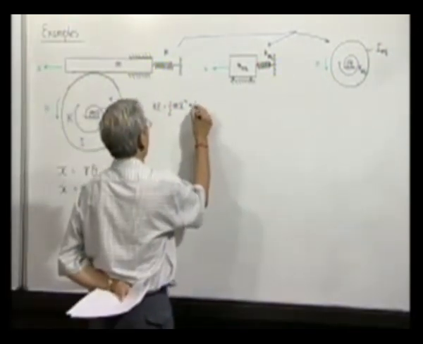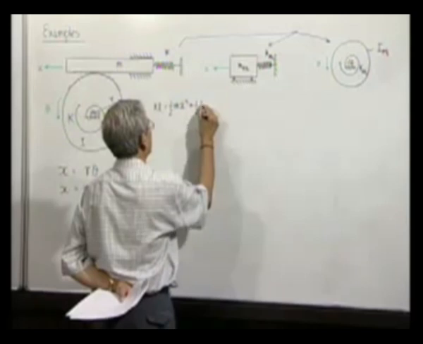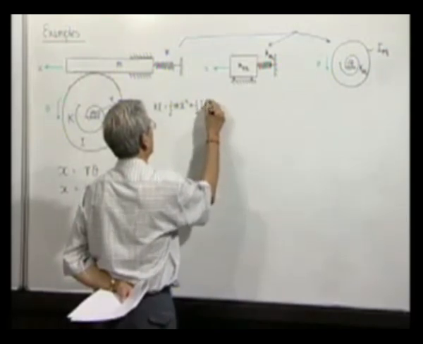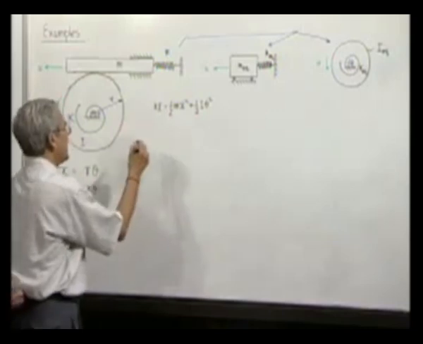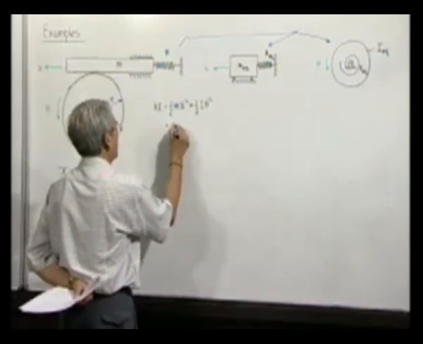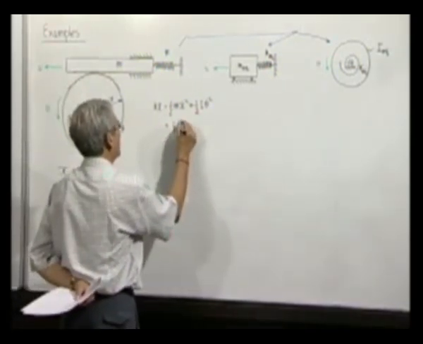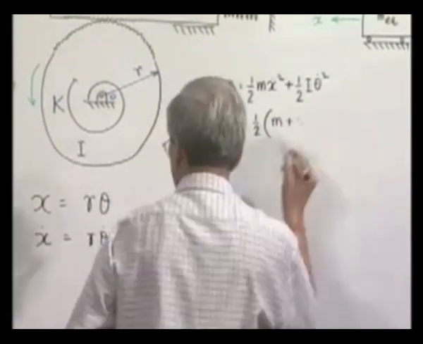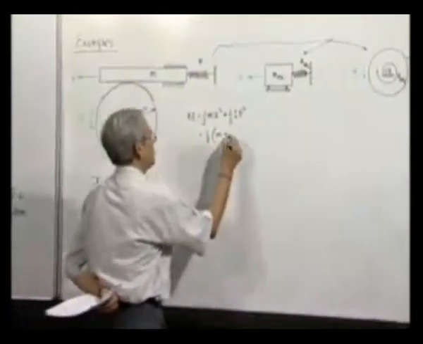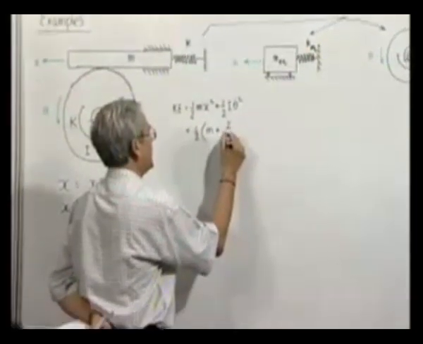So, it will be half I theta dot square, which is the same as half m plus I by r square times x dot square.